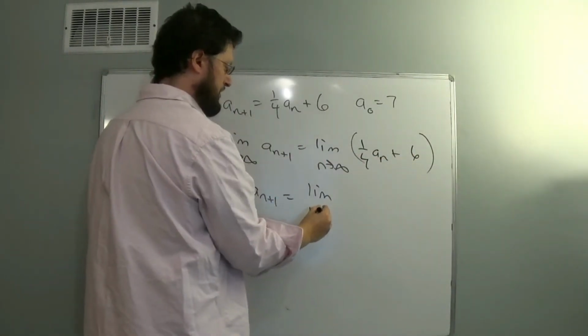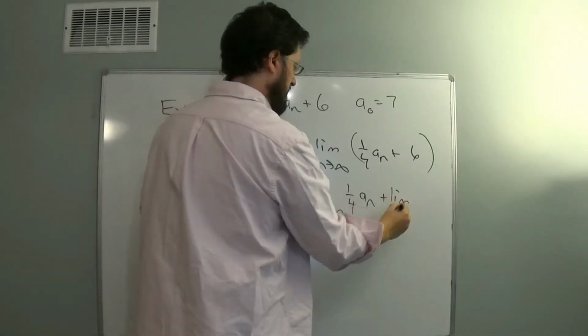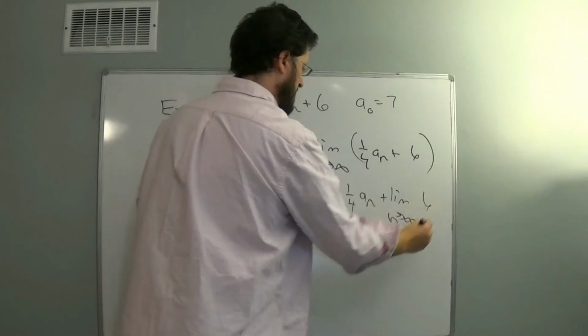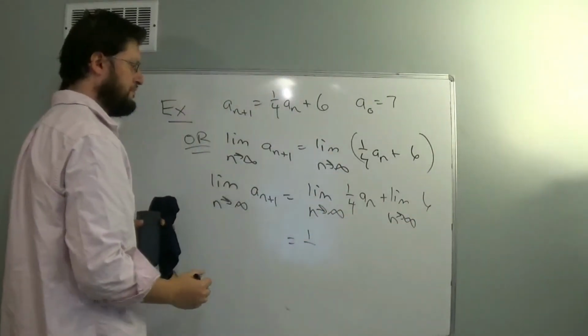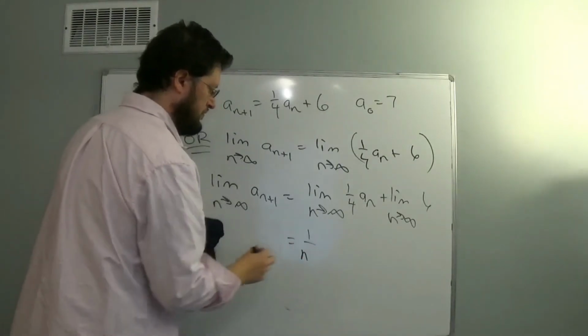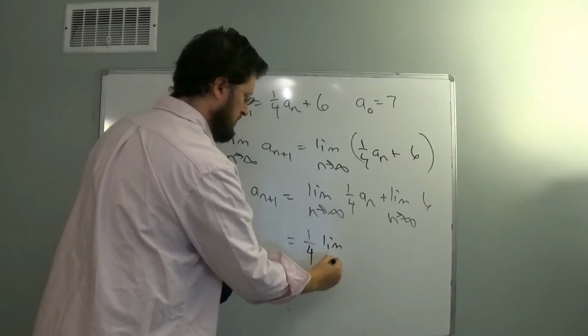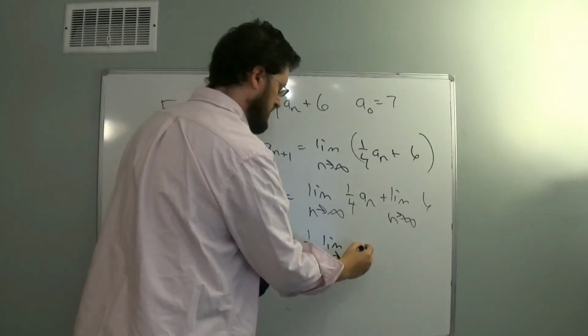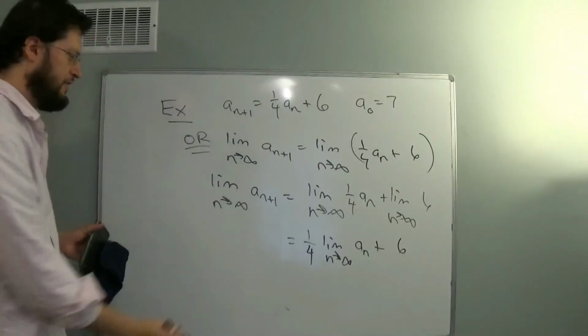The limit of a sum is the sum of the limits. I can bring the 1/4 out. And the limit of 6 is just 6.